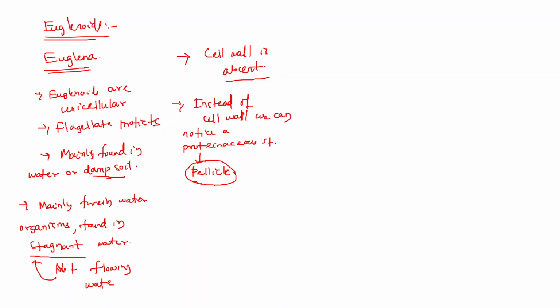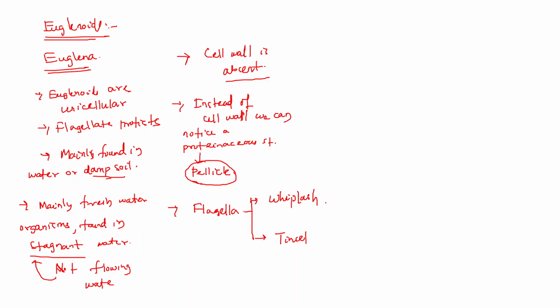The locomotor structure in euglenoids is flagella, and the flagella we can see here are of two types: one is whiplash type, and another is tinsel type. What is the difference between tinsel type and whiplash type?